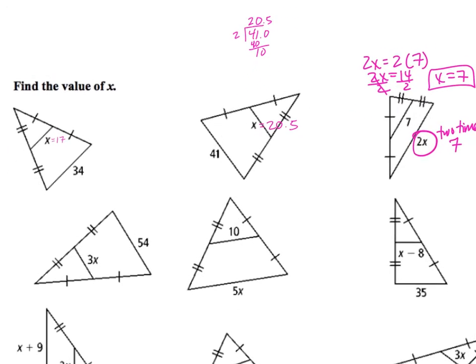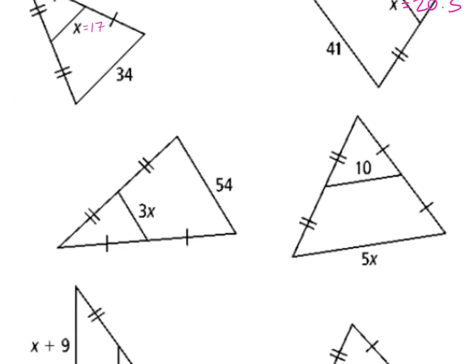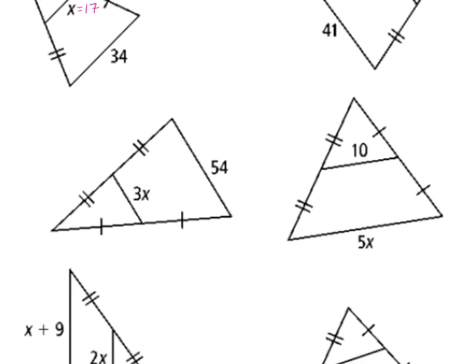Let's look at the next example here. We have the same kind of scenario here. We know that 54 is going to be 2 times 3x. So we can set that as an expression. 54 equals 2 times 3x.